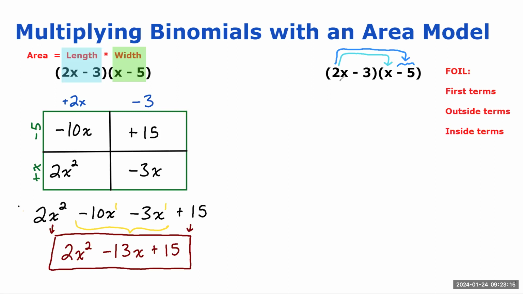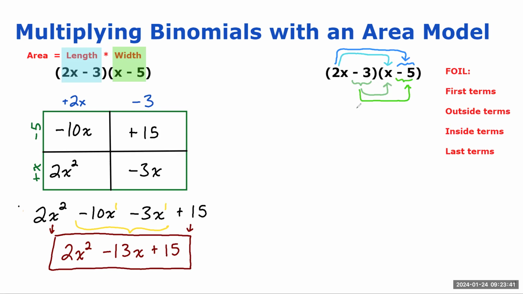And then we're going to multiply our inside terms together. So it's going to be negative 3x times x. And then we're going to multiply our last two terms together, which is going to be -3 times -5. All right.